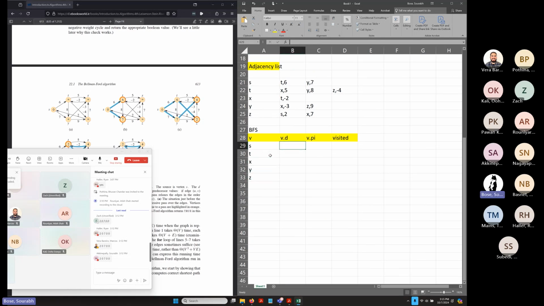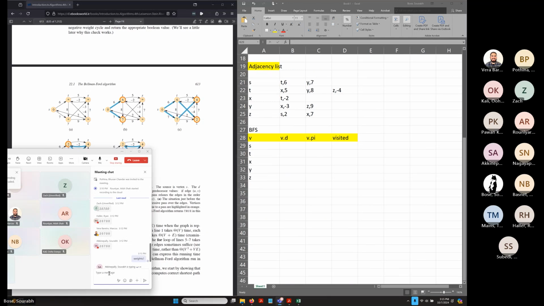So quick question. You guys remember that, so should I be considering weights or not when I'm doing breadth first search? No. How do I deal with negative weights then? Positive weights, I can consider them as single unit cost weights and just do it like that. Ideally, what should I be doing with negative weights, in your opinion?